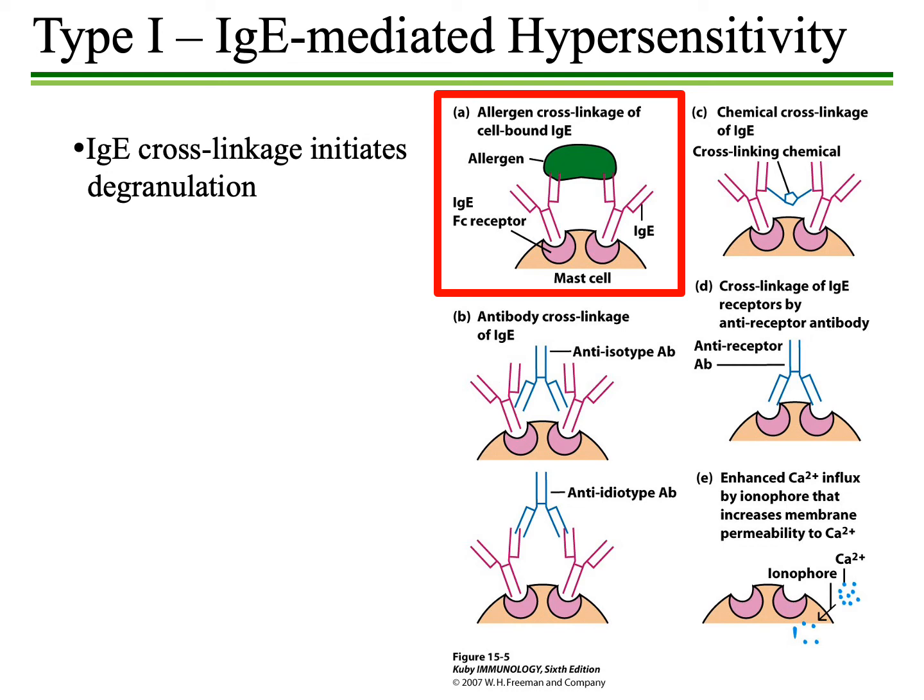And in order for a degranulation event to take place, you have to have two antibodies bound to two receptors side by side, like you see in this image here, and the allergen interacting with both of the antibodies. This is referred to as cross-linkage, and it is the specific situation that allows for the triggering of the degranulation event. Again, there are other ways that degranulation can occur that you see on the slide, but for our purposes, we're going to focus on that panel A.